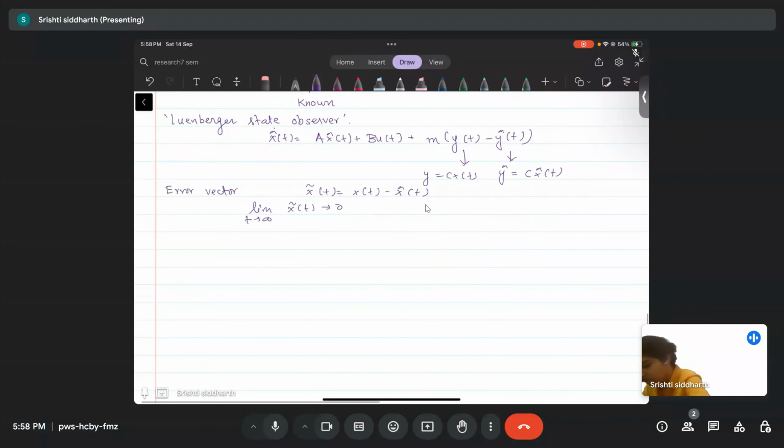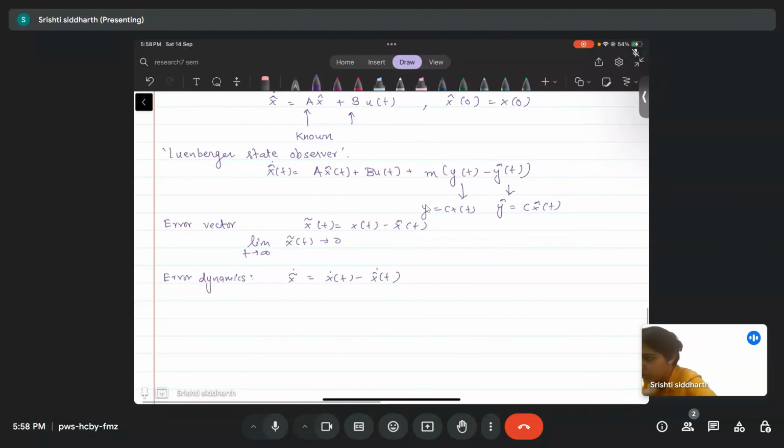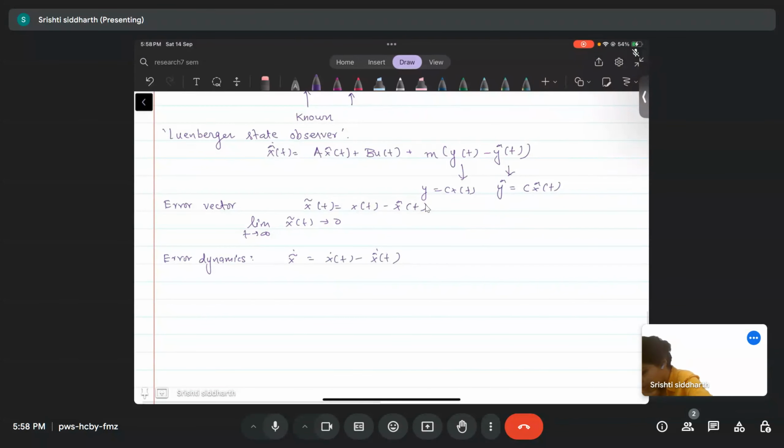To talk about this, let's first see the error dynamics. We can substitute the dynamics of both the variables, and I'll write the final form: x tilde dot equals A minus M times C, x tilde. If we want the error to go to 0, we should have the poles of A minus MC on the left half plane.